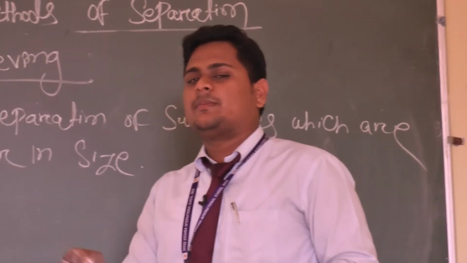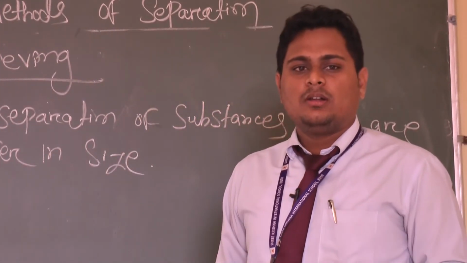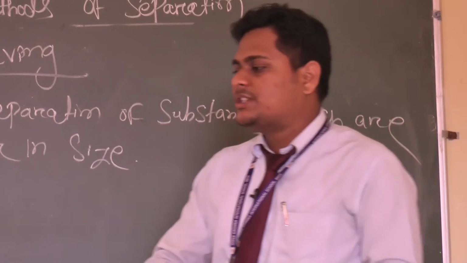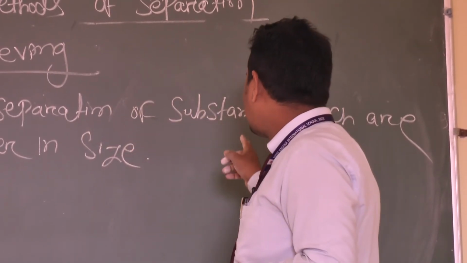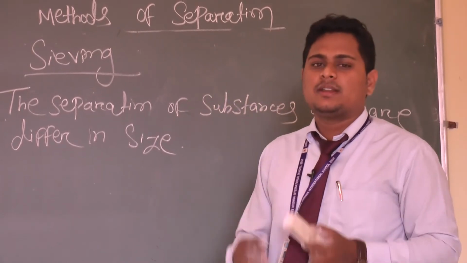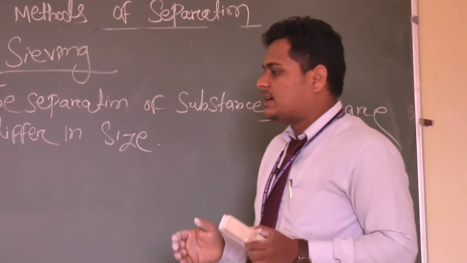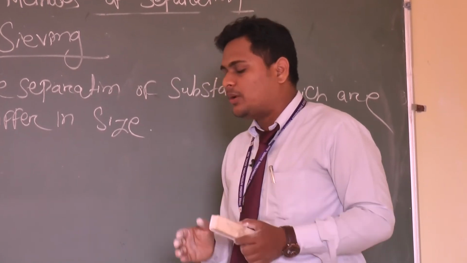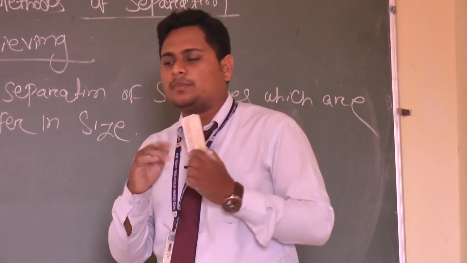We separate the tennis balls, which are small, to one place, and the footballs, which are bigger, to another place. It means the separation of substances which differ in size is known as sieving. So these are the 4 processes involved to separate solid particles from solid particles.